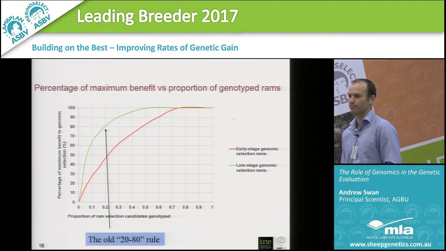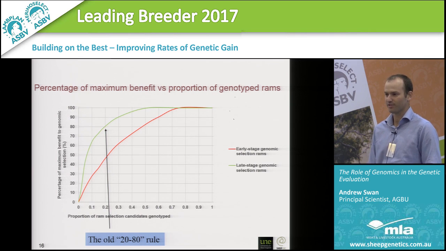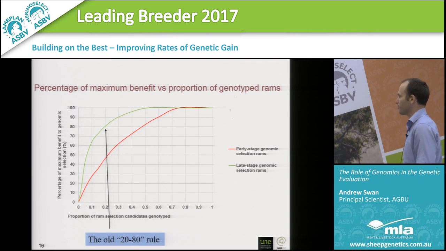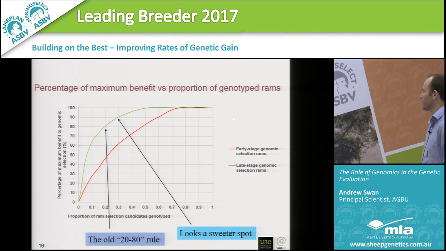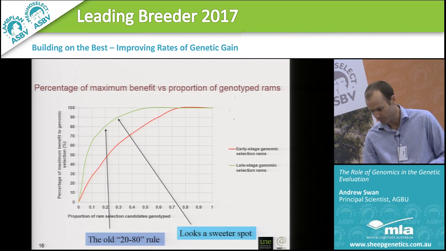And who's heard of that being bandied around through the industry over the last few years? That's where that comes from. But it only applies when we have that initial information in our selection candidates. So to me, I think a 30-90 rule looks the sweetest spot, but that's a personal preference.